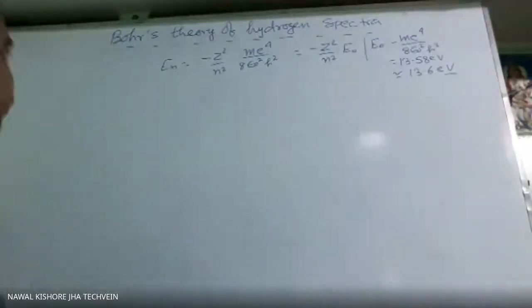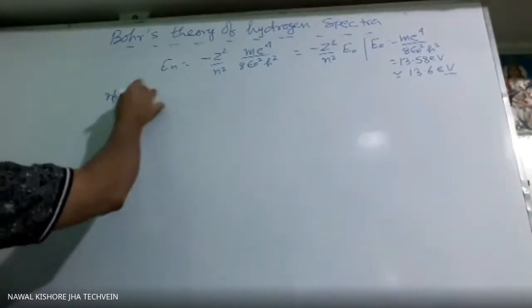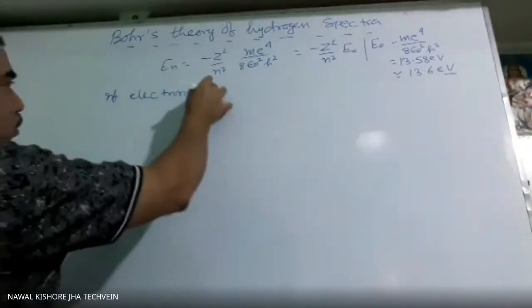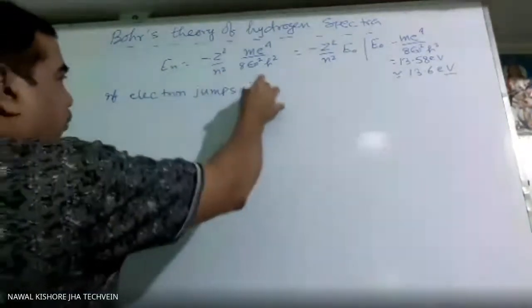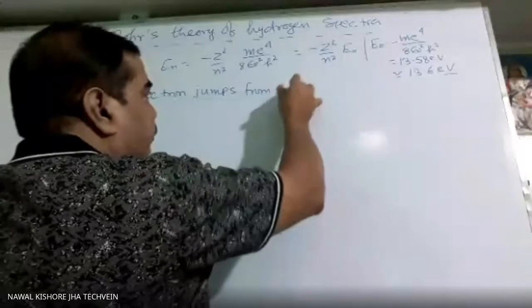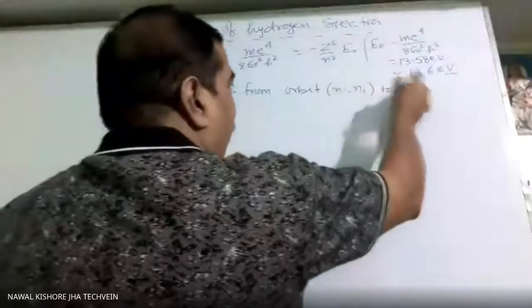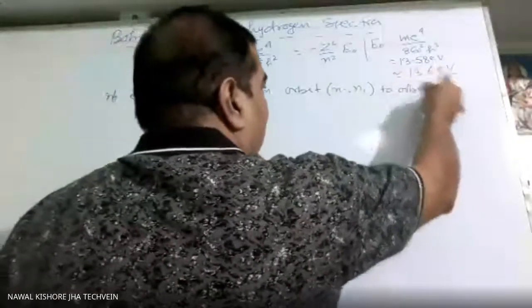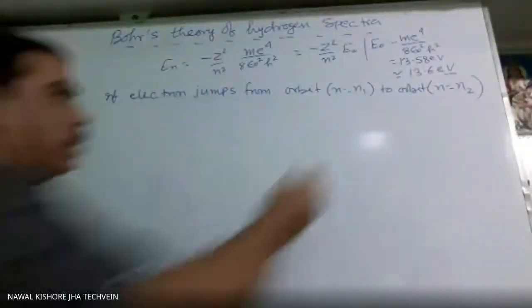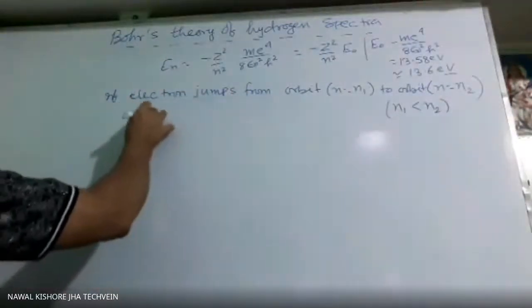So if the electron jumps from orbit N equal to N1 to orbit N equal to N2, we are taking N1 less than N2, or from N2 to N1.